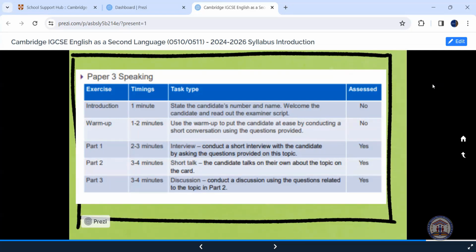After the interview part comes the short talk part. It lasts from 3 to 4 minutes. Why? Because the short talk part is like the cue card part in IELTS.